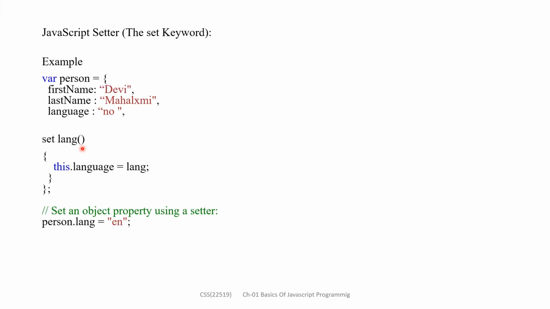Now we will see the JavaScript setter using the set keyword. The example of a JavaScript setter is where person is in opening curly brace, first name Devi, last name Mahalakshmi, and language is no. We have to set the language in this setter. Then we are setting the language by using this dot language equals lang. Set an object property using a setter.